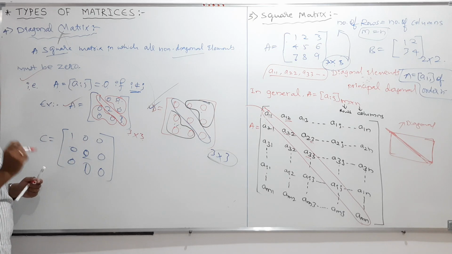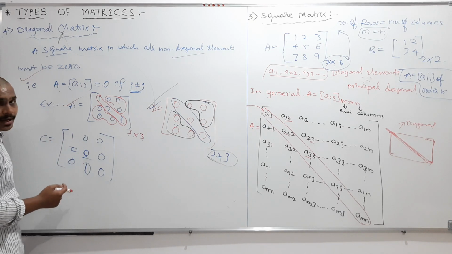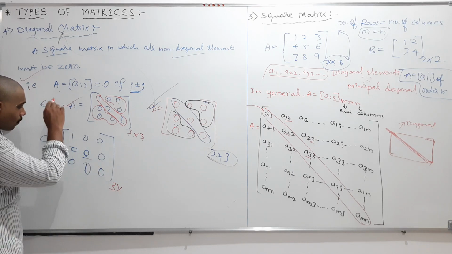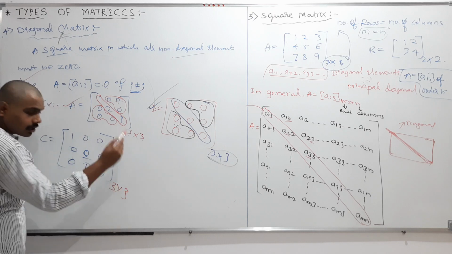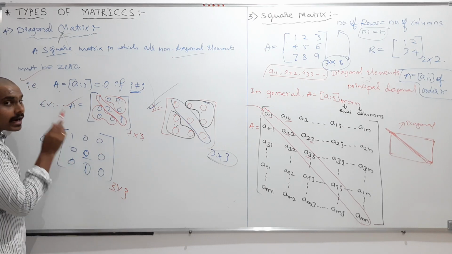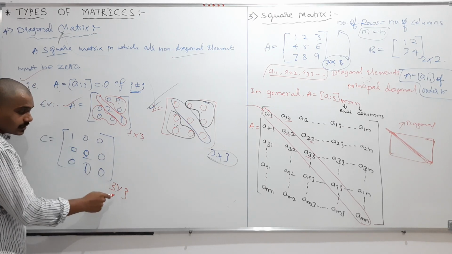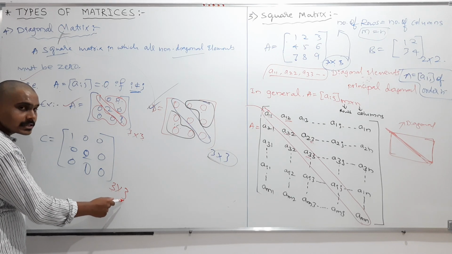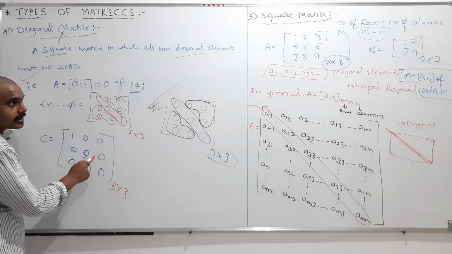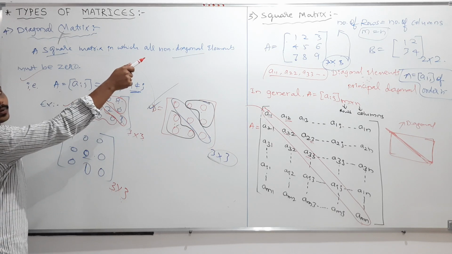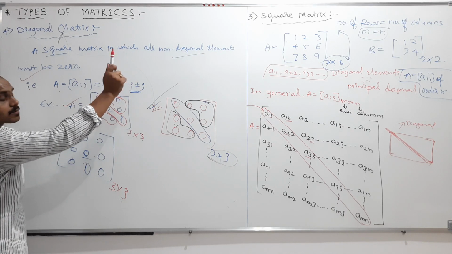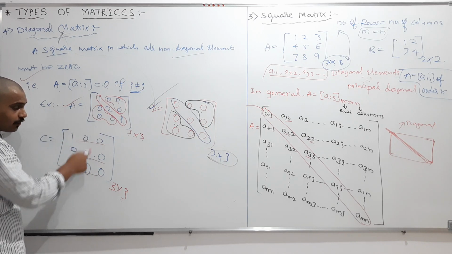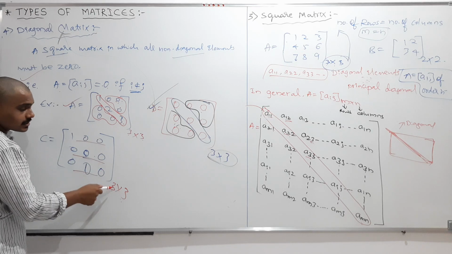Whether it is a square matrix: 1 2 3, 3 rows, 1 2 3, 3 columns. So therefore this is a matrix of order 3 cross 3. It means that the number of rows is 3, the number of columns is 3. Therefore this is a square matrix, because a square matrix means the number of rows must be equal to the number of columns.